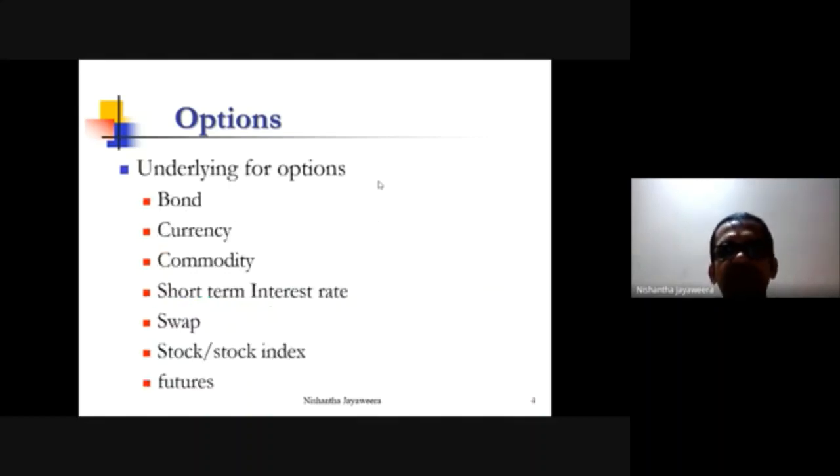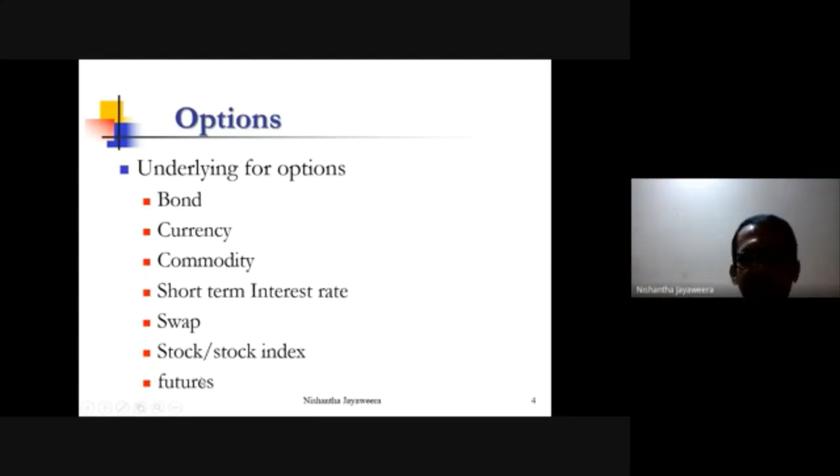So again, in the option market, the underlying can be any financial asset, agricultural asset, or any commodity, whatever, as we discussed earlier. But not the last one: it can be an option on futures. Futures is itself a derivative. Options can be written or traded on another derivative as well.